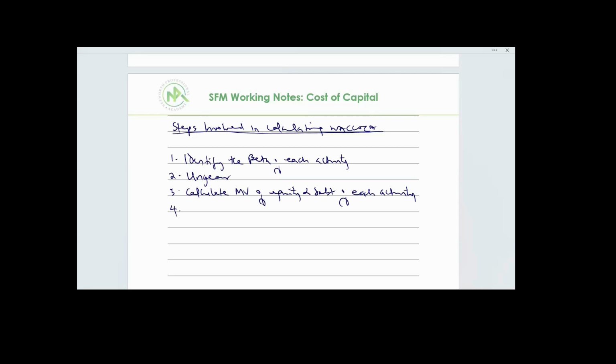Step 4, calculate asset beta of the combined businesses. That is the BAC. Asset beta of the combined businesses.